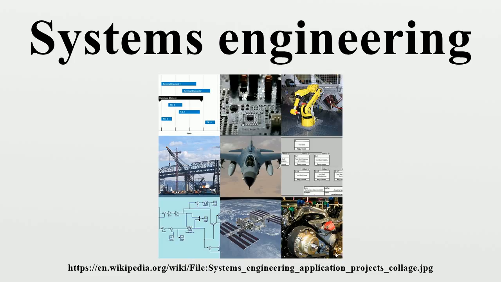ISO/IEC 15288-2008: a combination of interacting elements organized to achieve one or more stated purposes. NASA Systems Engineering Handbook: the combination of elements that function together to produce the capability to meet a need.